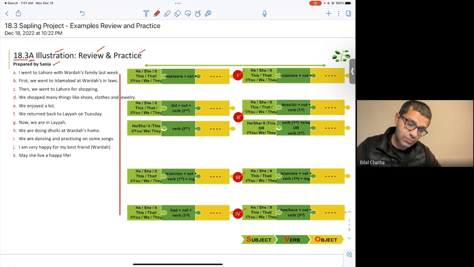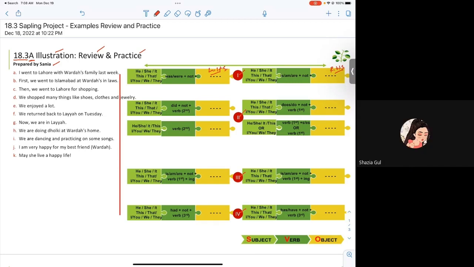Now, there are sentences on the left-hand side and there are sentences on the right-hand side. If you look at these sentences, do you think the right-hand side is present or the left-hand side is present sentences? Raise your hands. Shazia.